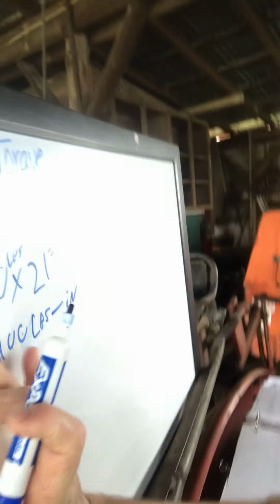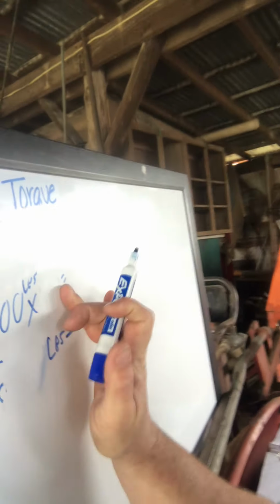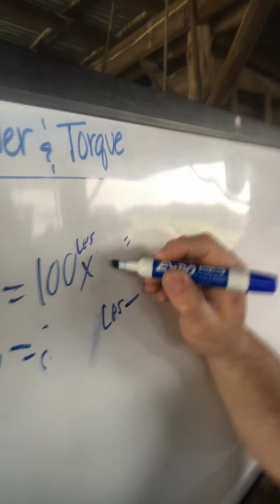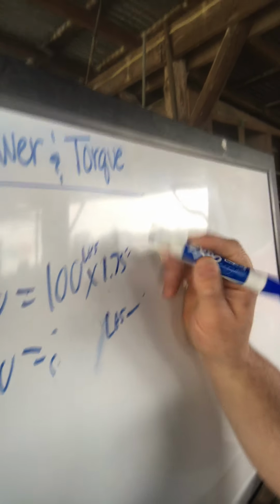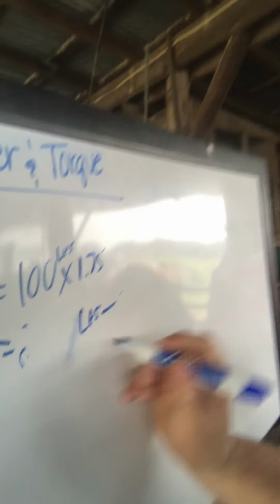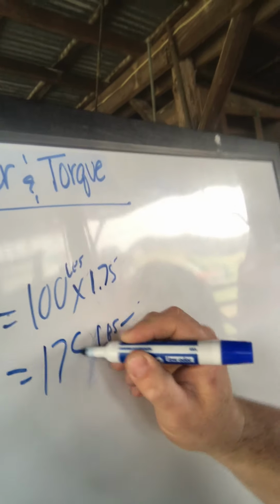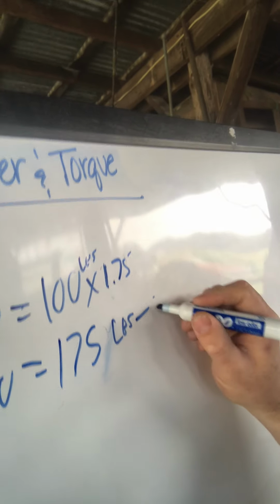Is that right? Yeah, that's right. So if we were to go back and erase this, and instead of 21 inches, we use 1.75 feet, we end up with 100 times 1.75, and that gives us 175 pound-feet.